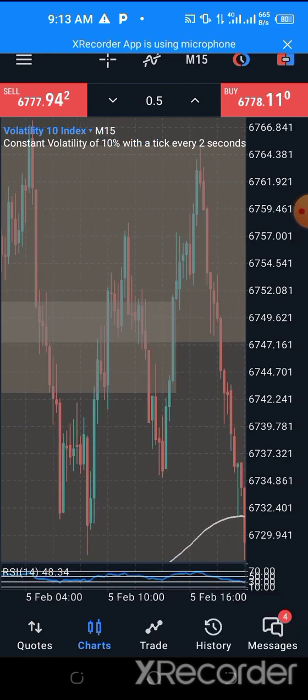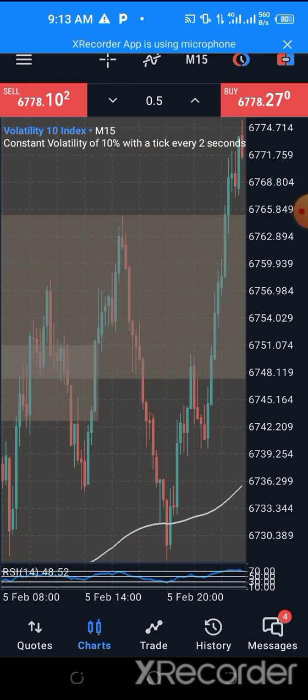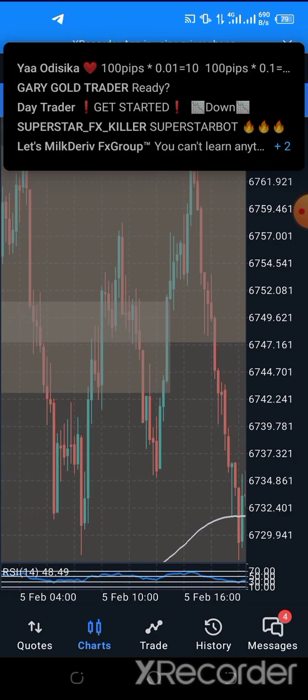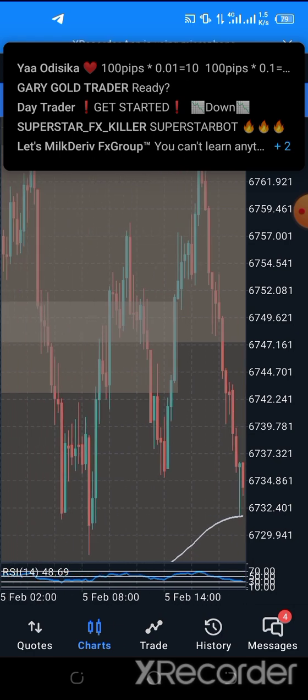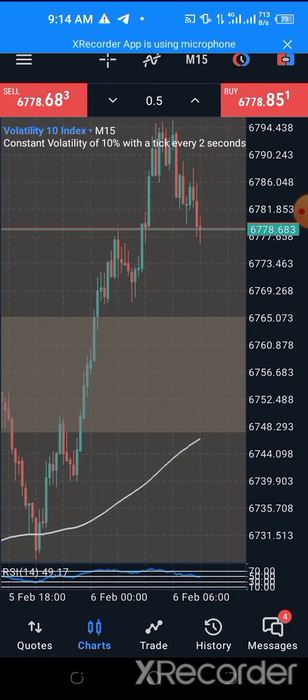And look at what happened. You can see that there was no market that went above that point until it delivered the profit to me. And then I came out of it from this support before the market went above.